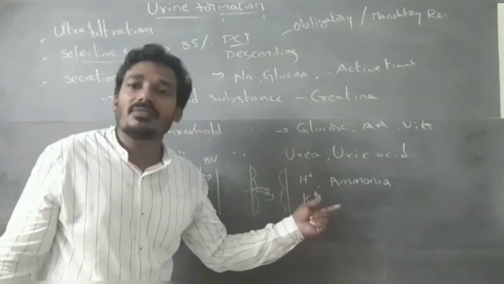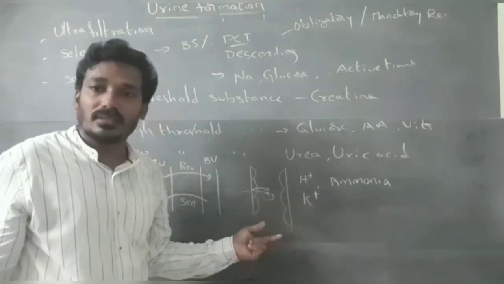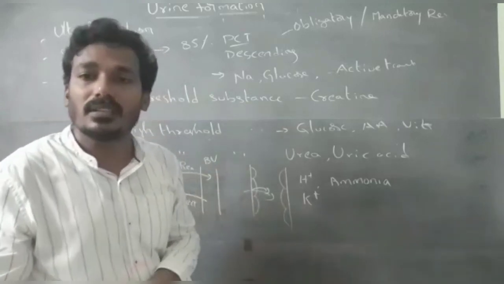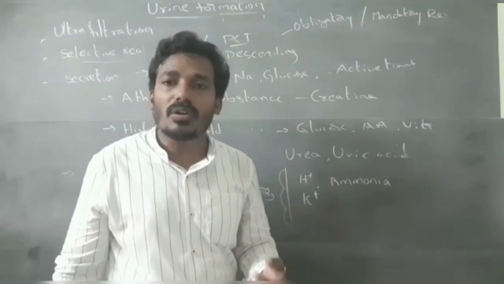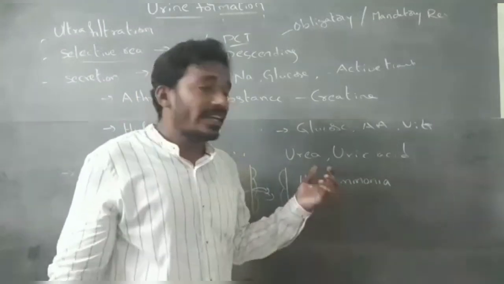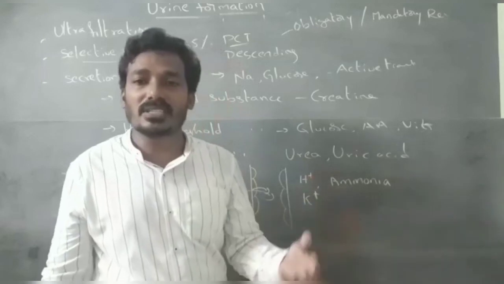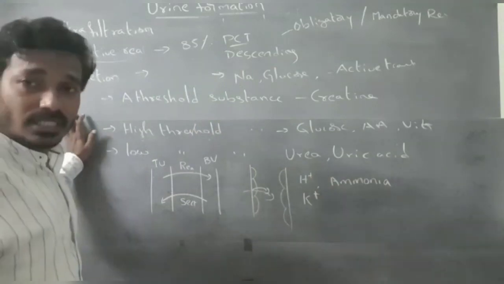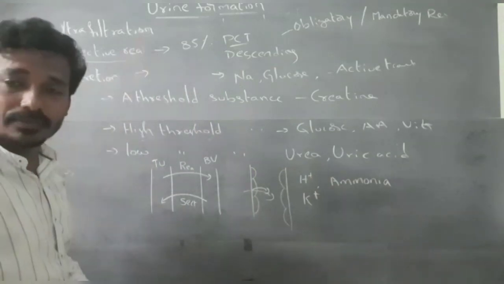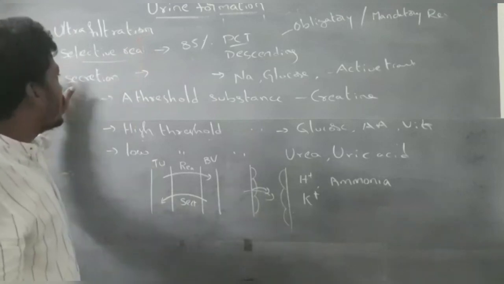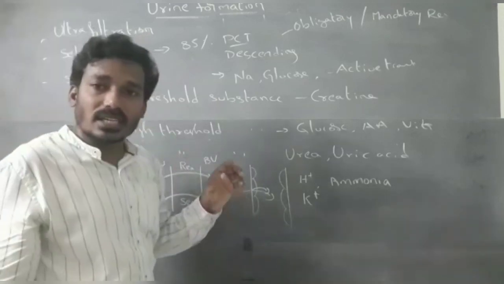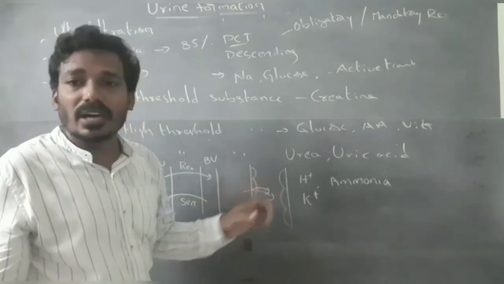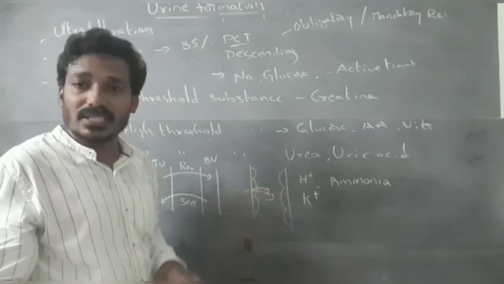This secretion and reabsorption are essential for the maintenance of body fluids, ionic concentration and acid-base balance. These are the three steps in urine formation. Selective reabsorption and secretion are essential for the maintenance of ionic balance and acid-base balance in the body fluids.